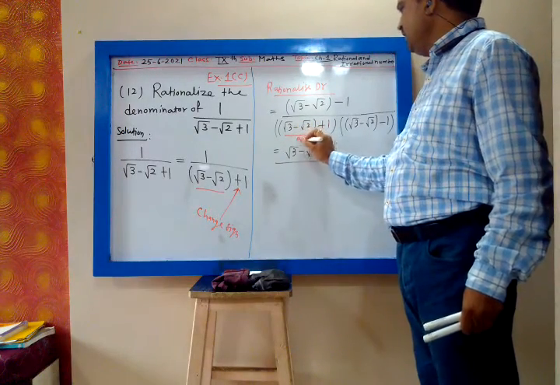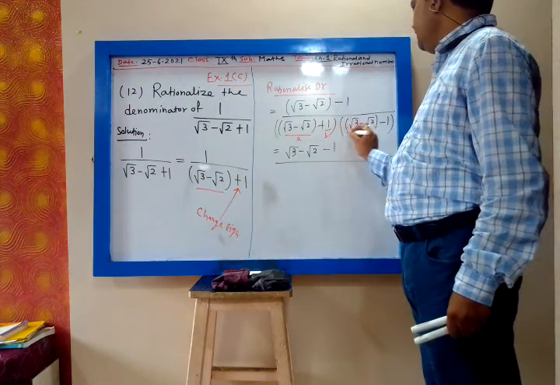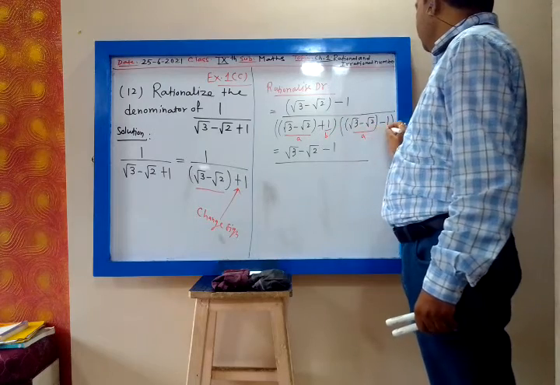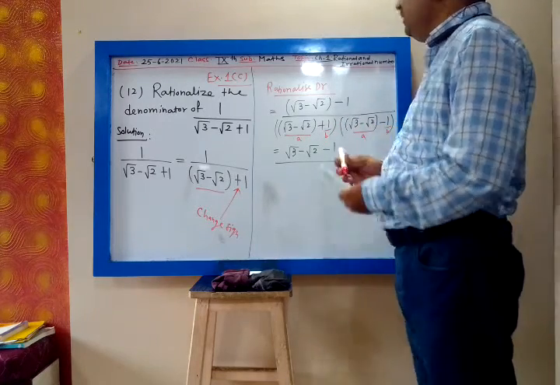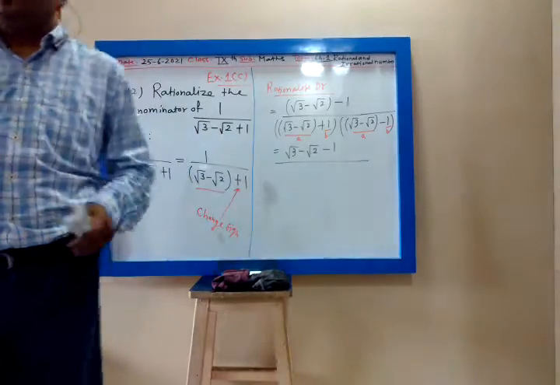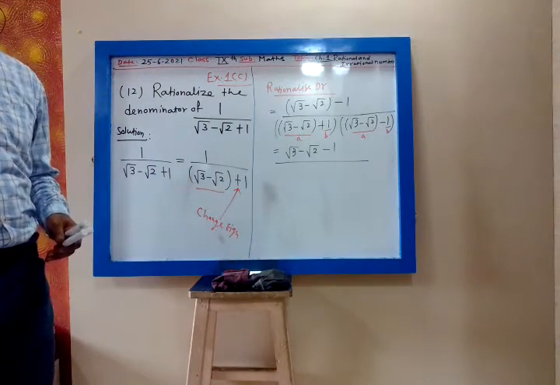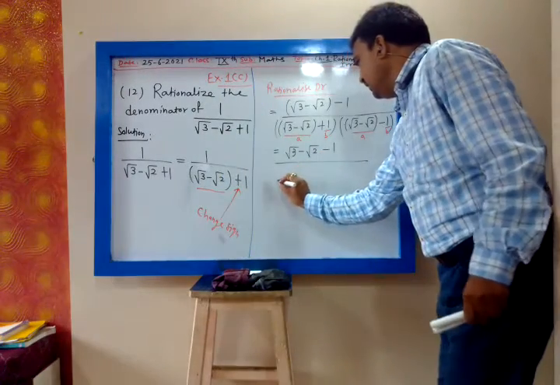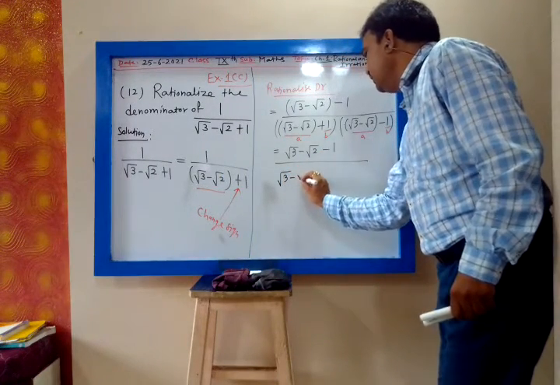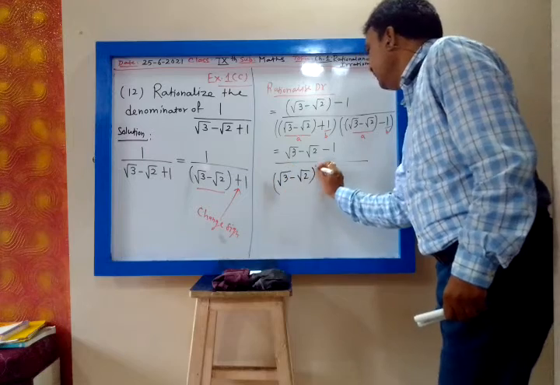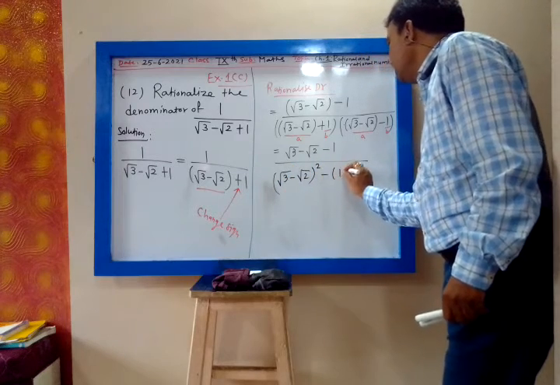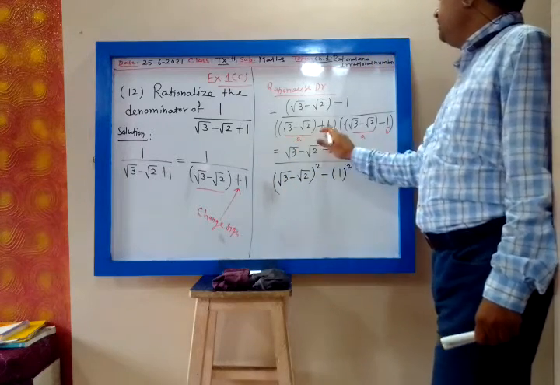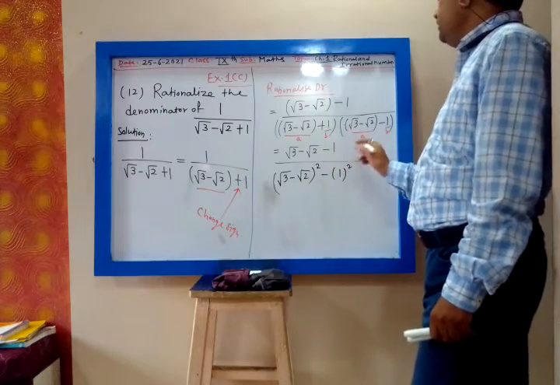Yes, this is a, this is b. A plus b into a minus b is a square minus b square. So that will be root 3 minus root 2 whole square minus 1 square.